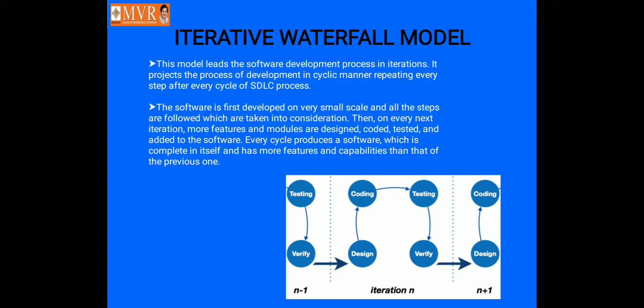The software is first developed on a very small scale, and all the steps are followed. Then on every next iteration, more features and modules are designed, coded, tested, and added to the software. Every cycle produces software which is complete in itself and has more features and capabilities than the previous one.